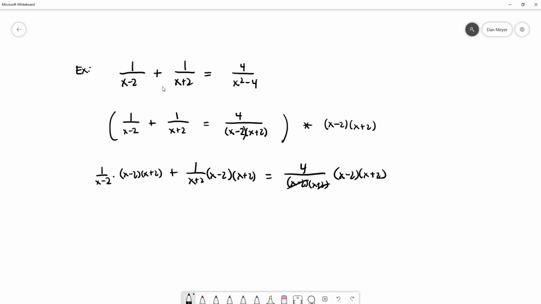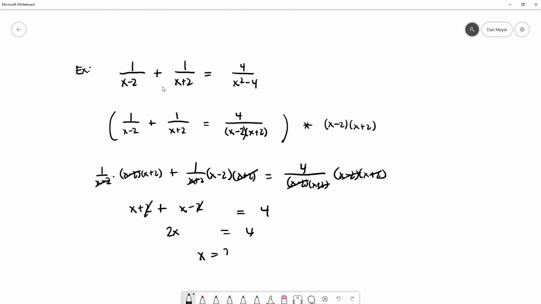Lots of things cancel. x plus 2's cancel there, x minus 2's cancel there, and you're left with x plus 2 plus x minus 2 is equal to 4, which is the same as 2x is equal to 4. My plus 2 and my minus 2 cancel here.